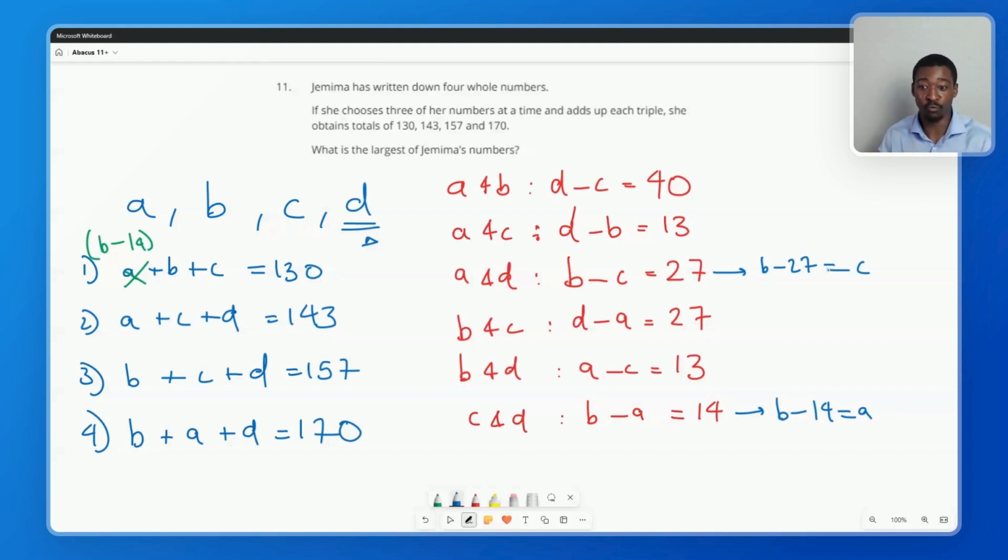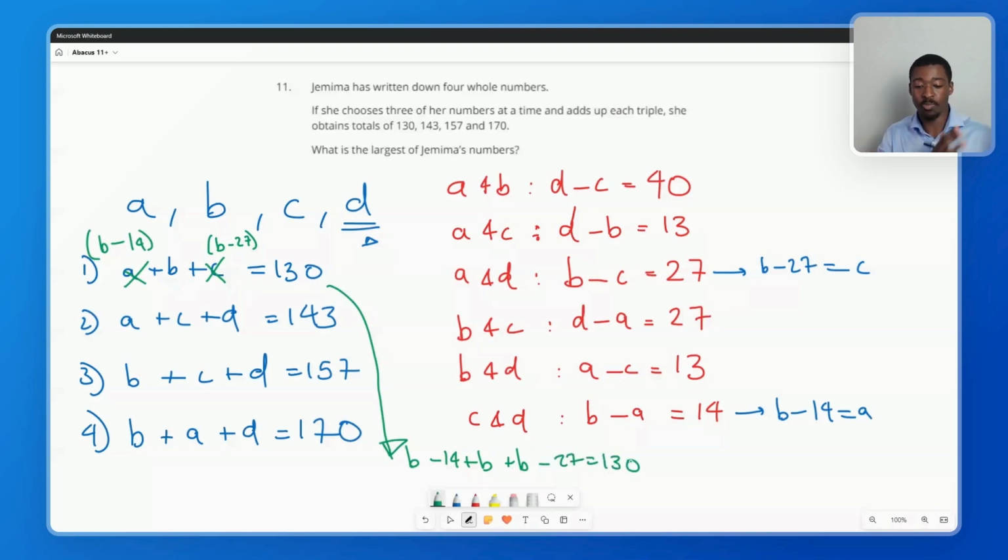We should be getting more fluid at this by now. So now we have B minus 14 plus B, and not C, but B minus 27. Okay, so let's write this all out as 1. We have B minus 14 plus B minus 27 equals 130. Let's get all the B's to one side, all the numbers to the other side.